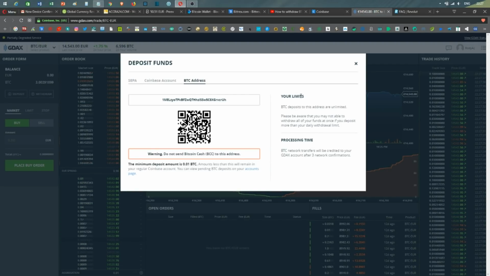So these are some of the positive things. You can deposit any amount, as you see, an unlimited amount of bitcoins into this Gdax address, obviously because it's an exchange, and if you want to trade higher amounts, you can use it in here to trade. So it's not a problem to deposit your bitcoins in here.